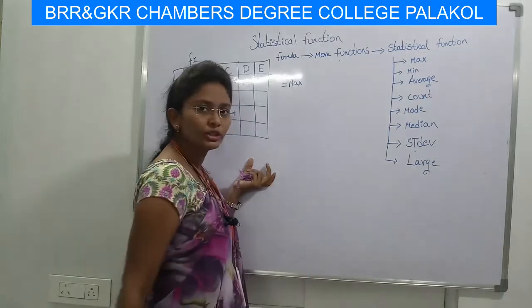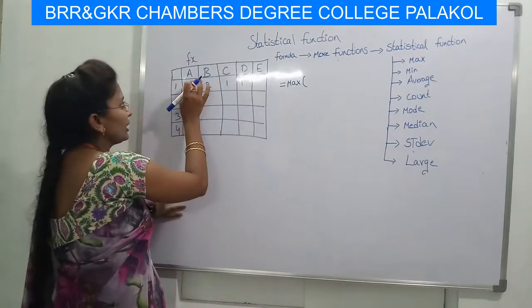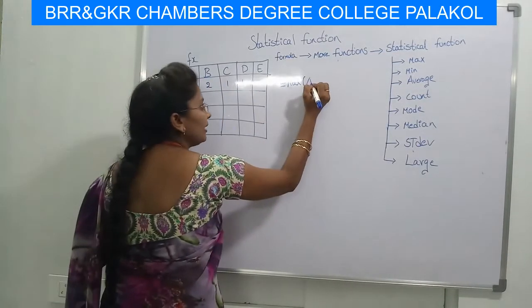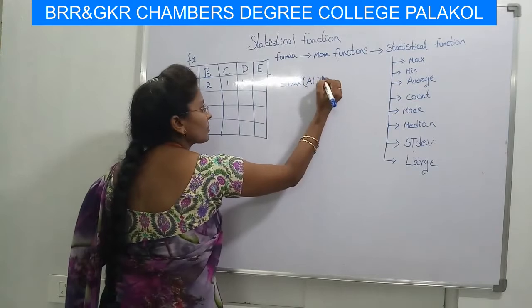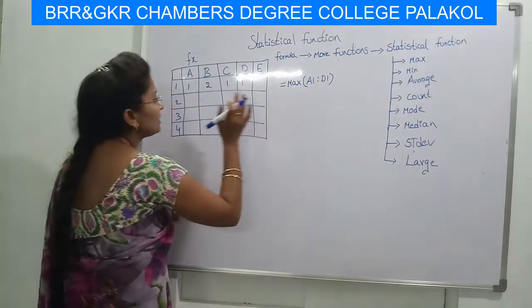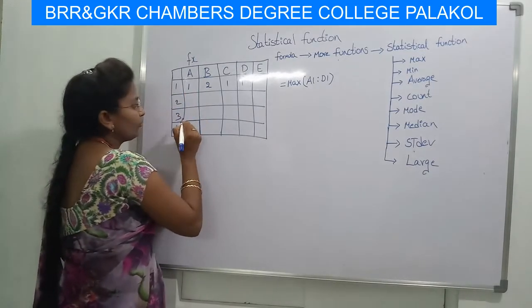Maximum is the function name. Open bracket and select the range. I am selecting the range from A1 to D1. Here A1 colon D1. And this answer should be displayed here in the A4 cell.